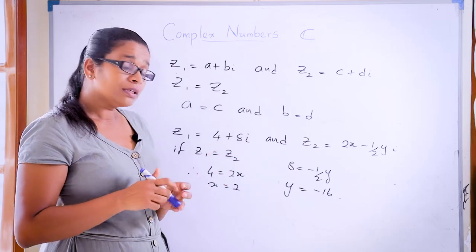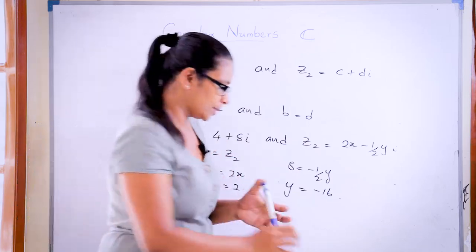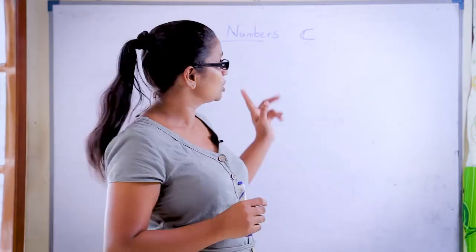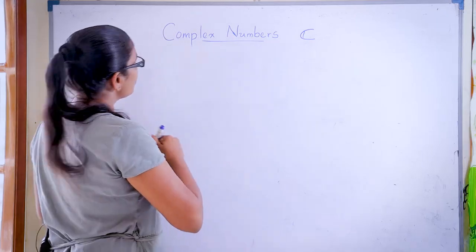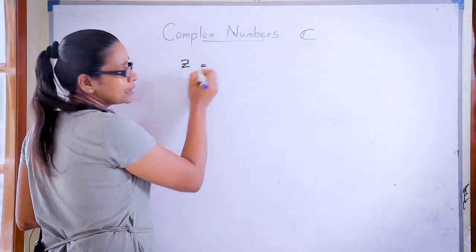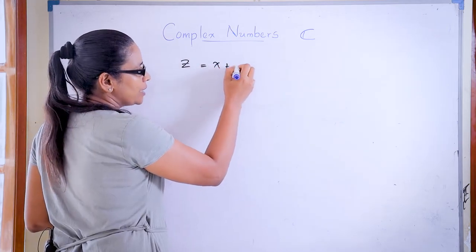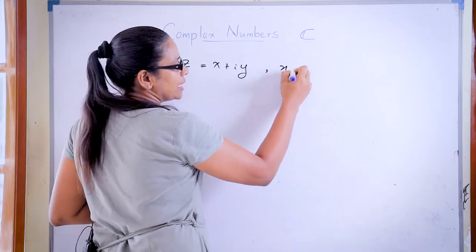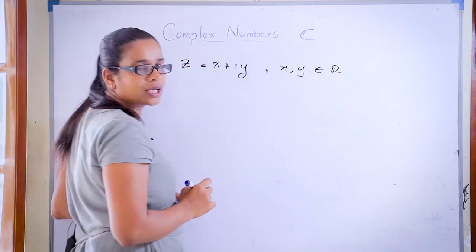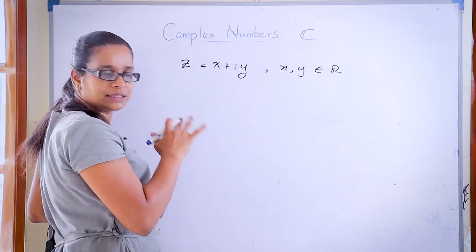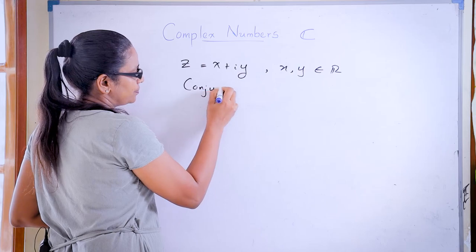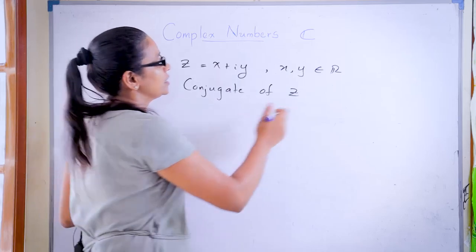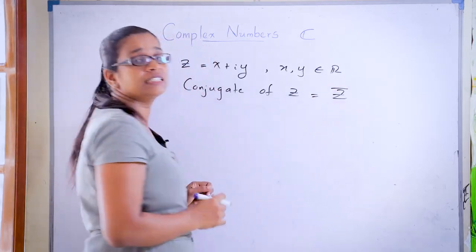Now let's talk about the conjugate of a complex number. If I write a complex number Z as x plus iy, where both x and y are real numbers, the conjugate of Z is denoted using the symbol Z bar.